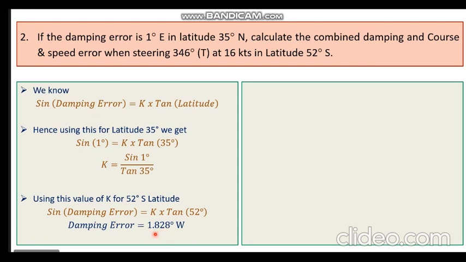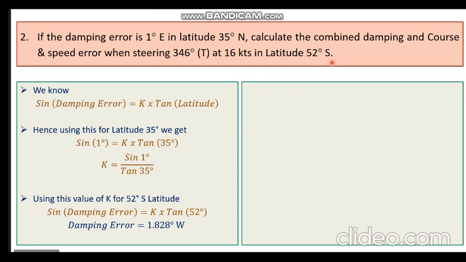So we get the magnitude of the damping error as 1.828 degrees, and for the sign of this damping error, you see the latitude is given to us as 52 degrees south. Now in southerly latitudes, the direction of the damping error is west or high. So we have obtained the damping error for latitude 52 degrees south.